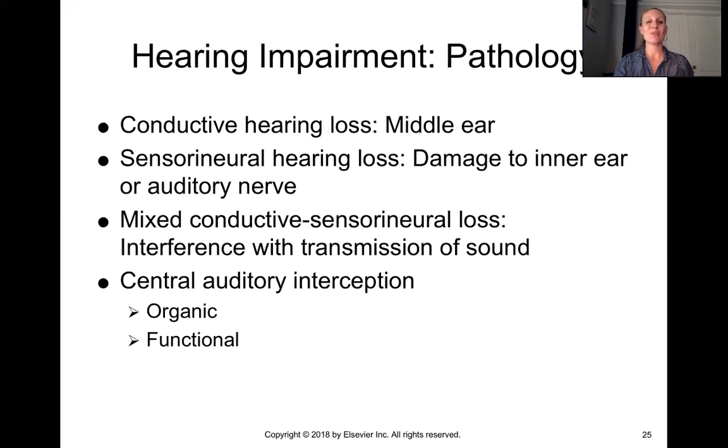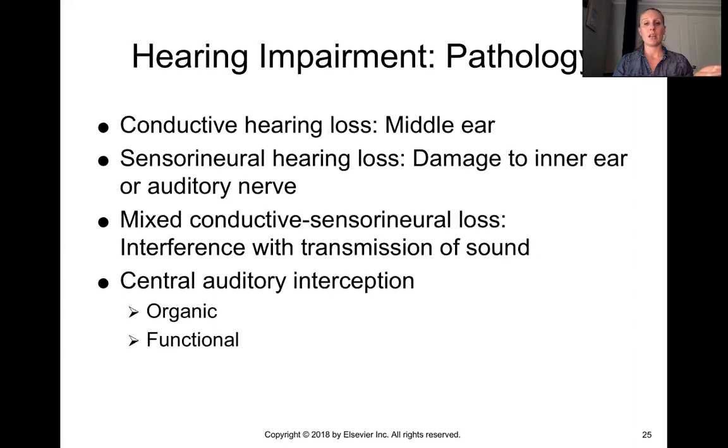Sensorineural has to do with damage to the nerves. That's going to be a little bit different, and that can happen congenitally, or it can be some sort of an exposure issue. The mixed actually usually happens from frequent middle ear infections.